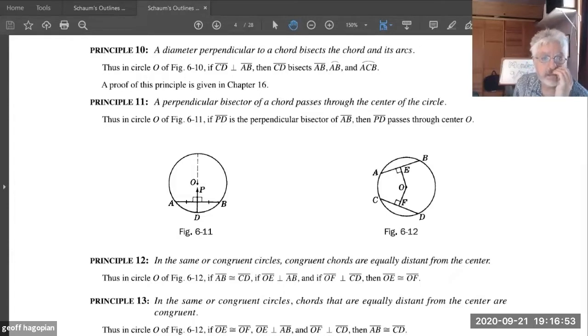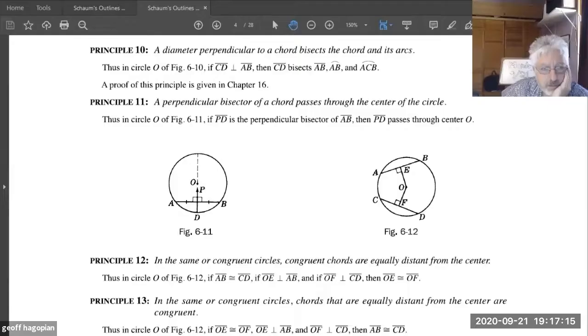The distance from the center is the length of the perpendicular OE, and that must be the same as OF. Equidistant from the center. So what would the plan be?